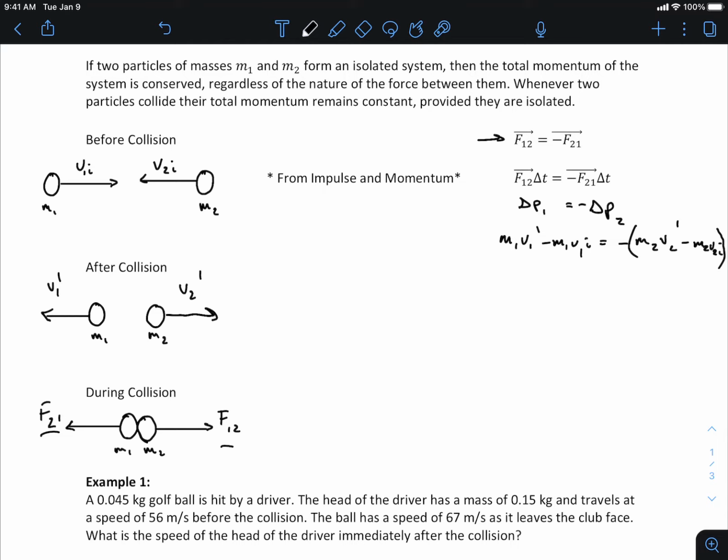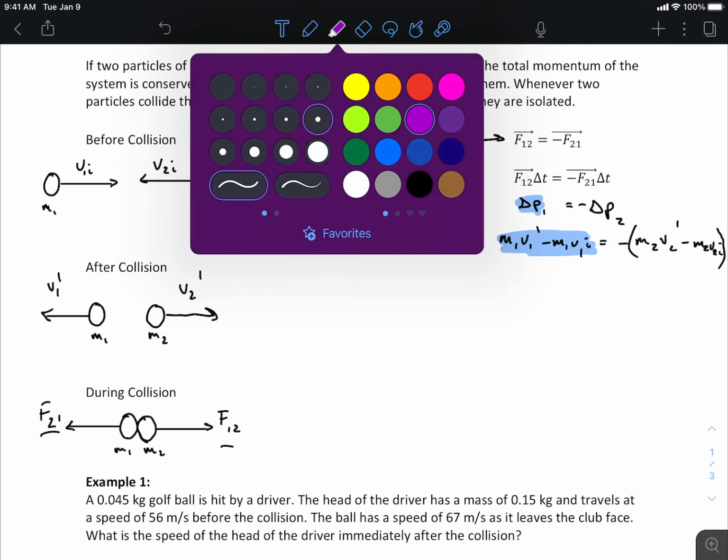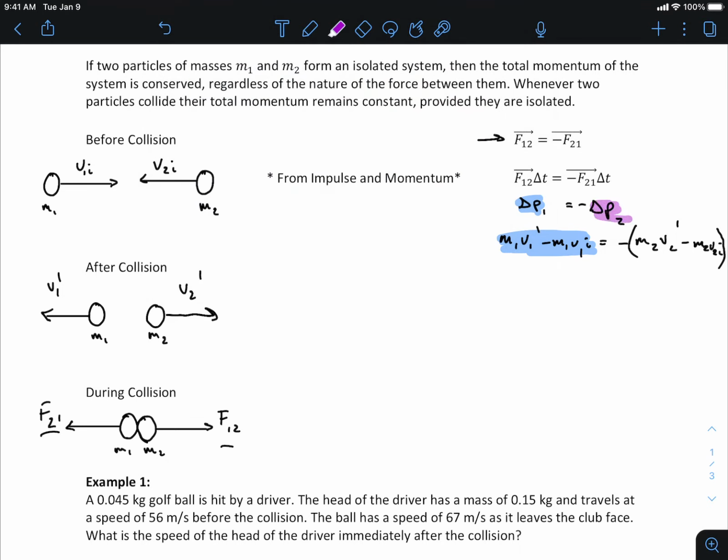These are just the two changes in momentum, final minus initial. On this side, we also have the change in momentum for particle 2, final minus initial as well. But it has to be negative because it's equal and opposite, in order for momentum to be conserved.